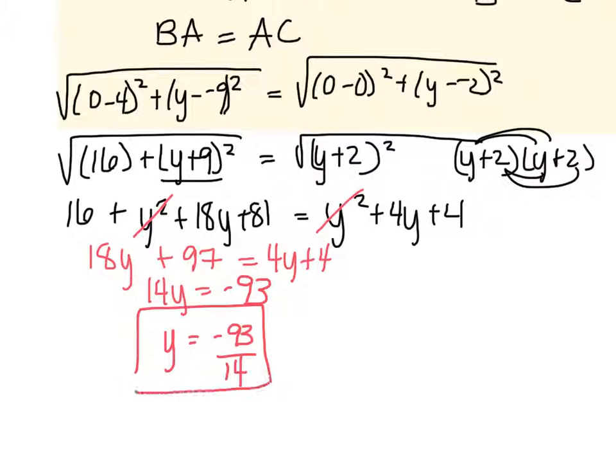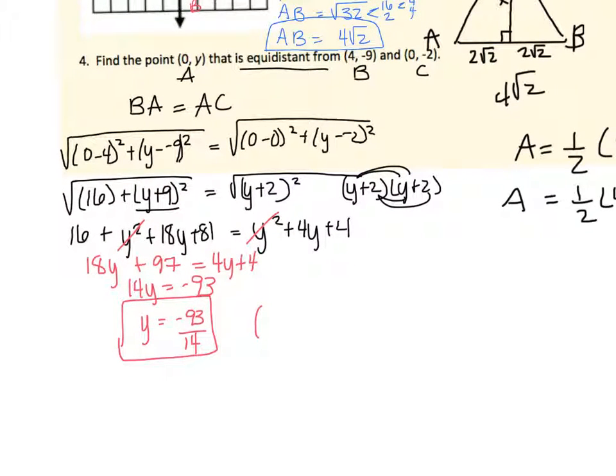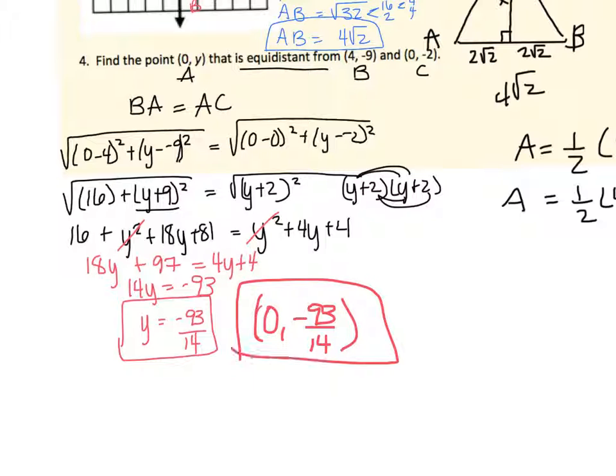This one turns out a little bit ugly, but that is the correct answer. All that means is the point (0, -93/14) is equidistant from (4, -9) and (0, -2).